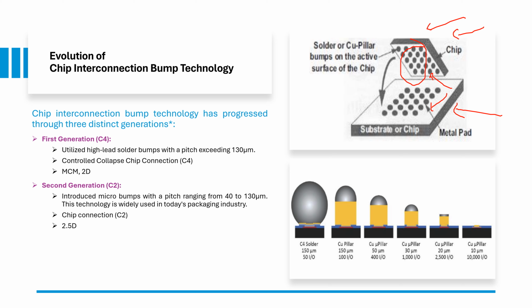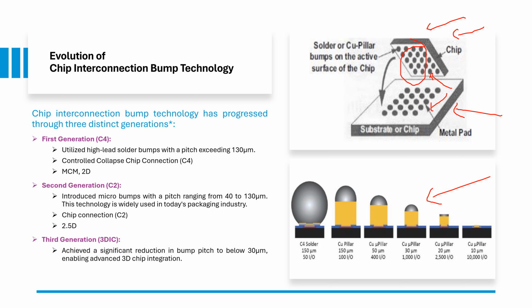For example, the way the bump size and pitch got reduced over a period is in the image. The third generation, which we also call 3D IC, achieved a significant reduction in bump pitch to below 30 microns, enabling advanced 3D chip integration.